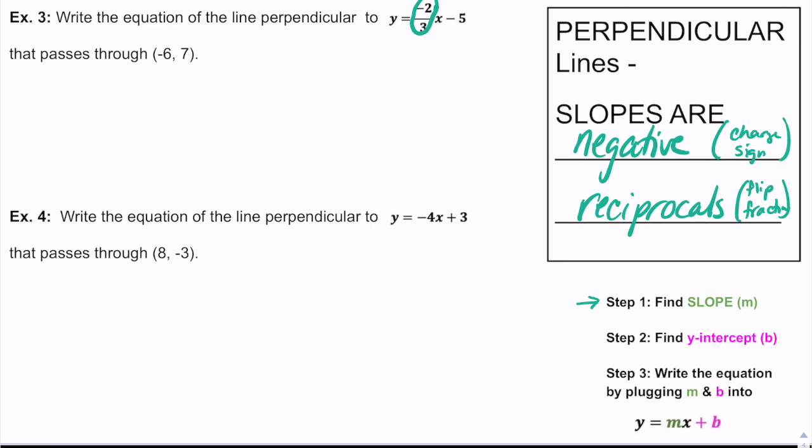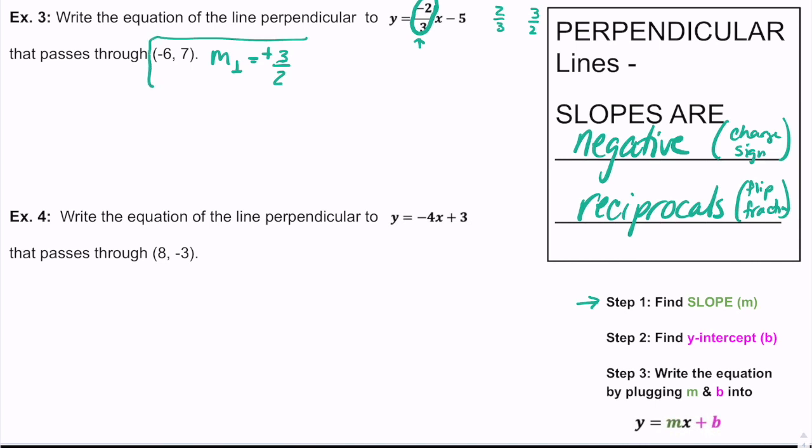Since this slope is negative, my perpendicular slope, and that little upside down T is the symbol for perpendicular, has to be the opposite sign, so my slope is going to have to be positive. And if we flip the fraction 2/3, we get 3/2. So it's going to be a positive 3/2. We flipped it and changed the sign.